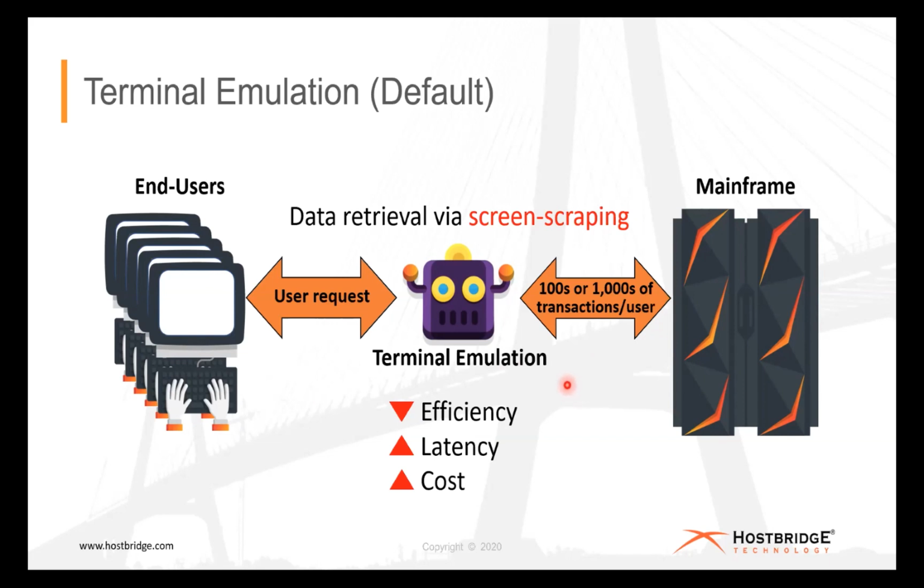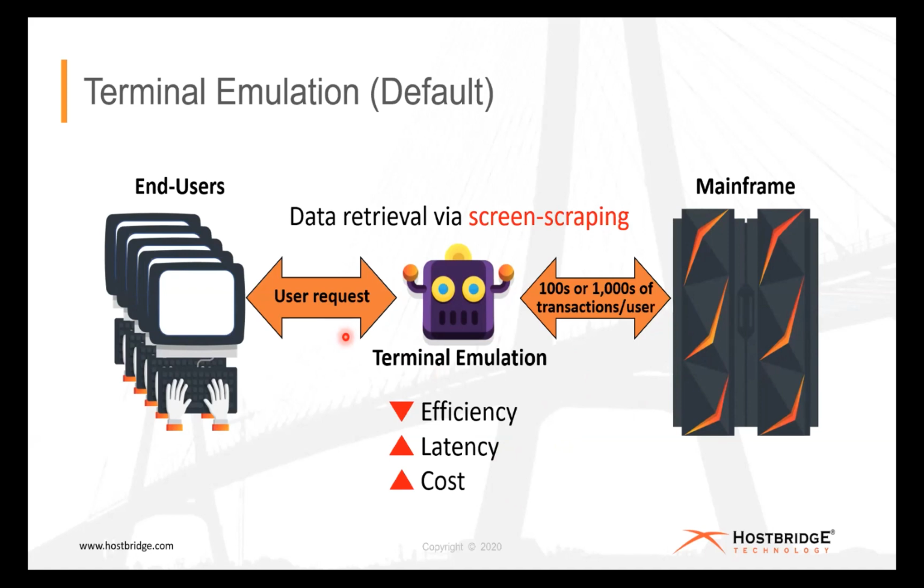The bottom line is pretty clear, however: when you're using terminal emulation and screen scraping to achieve integration, the efficiency is low, the latency is high, and the overall cost is very high as well. We'll look at that in a minute, how all of that, by comparison, comes to be.